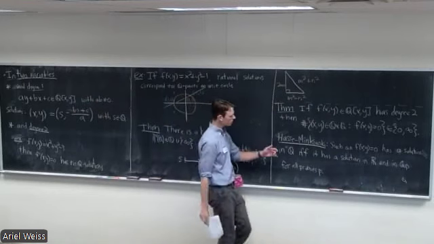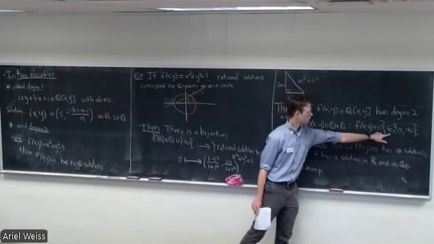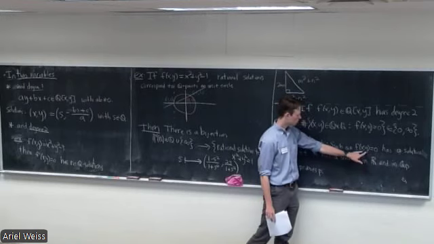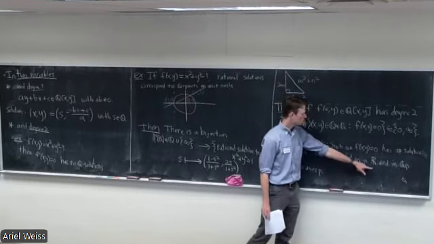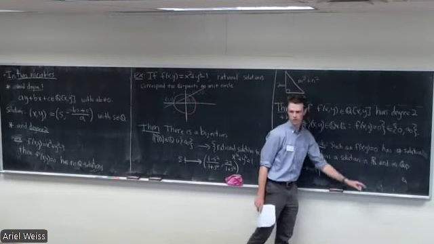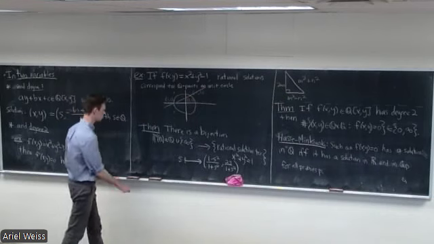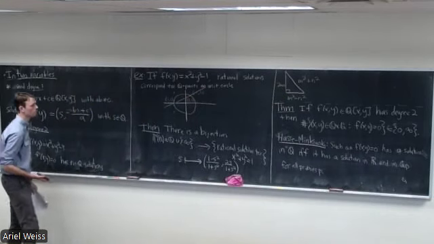Hasse-Minkowski says that you can test which case you're in by just seeing whether it has a solution over all the completions, over the real numbers and Q_p for all p. And in fact, you only have to check finitely many. So it really is an effective way of figuring out which case you're in.